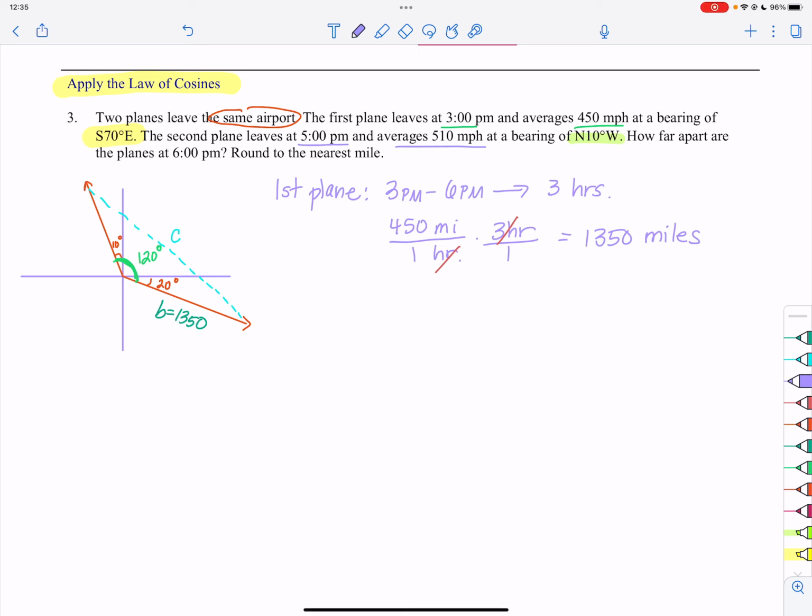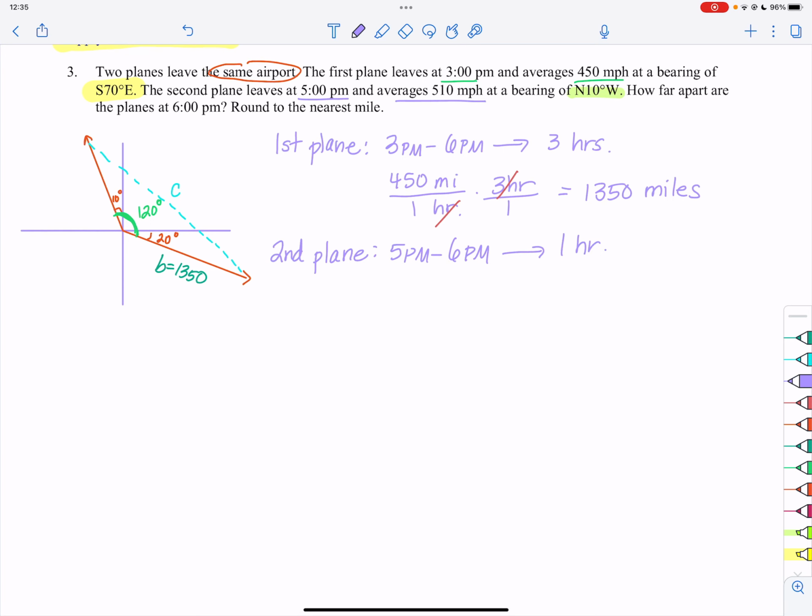Okay, let's talk about the second plane. And that second plane travels from 5 p.m. to 6 p.m. and that's 1 hour. And so you can see that this is going to be the shorter side. And so we have 510 miles in 1 hour multiplied by 1 hour.